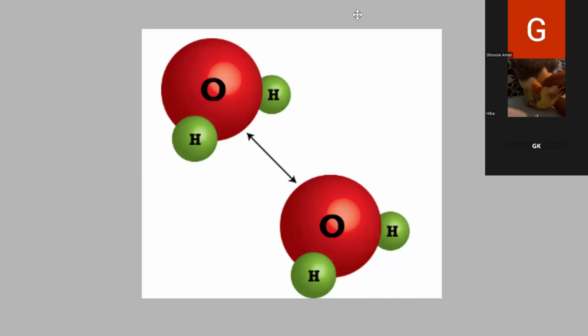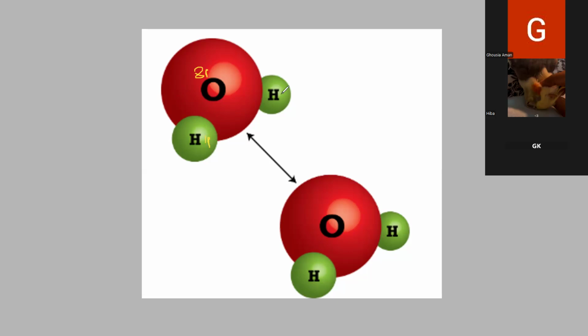Now, what is the reason behind it? The reason behind the polarity of water: why, being a covalent compound, does it have slight positive and negative charges? Because of the unequal size of the particles. Oxygen has how many protons inside? Oxygen's nucleus has 8 protons, 8 positively charged particles, whereas hydrogen has only 1 proton.